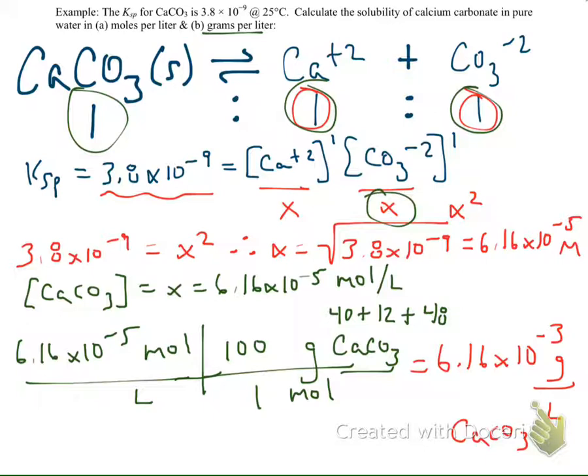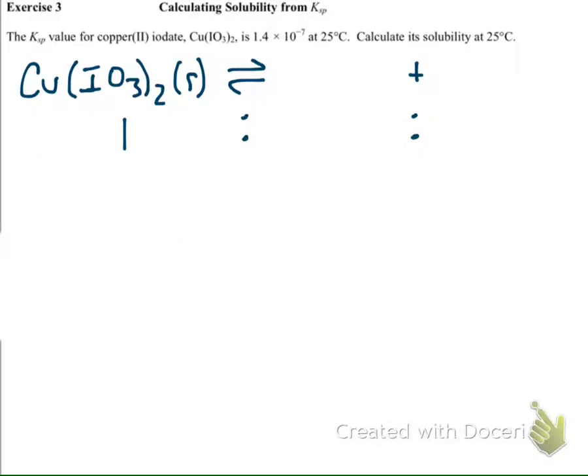Moving on to the next problem, it's going to be very similar, and so this is exercise 3. We are given a KSP value for copper 2 iodate, Cu(IO3)2, with a value of 1.4 times 10 to the negative 7th, and we want to calculate its solubility for this substance here. We can again break it up into its ions, in this case Cu plus 2 and 2 IO3 minus.